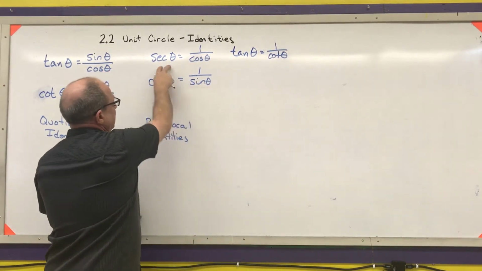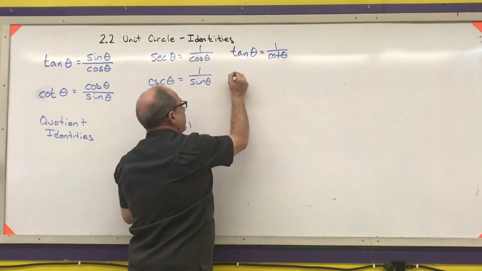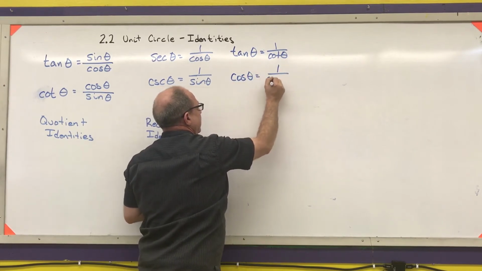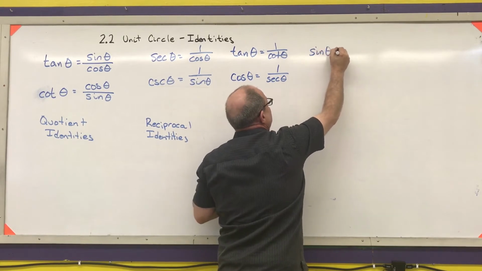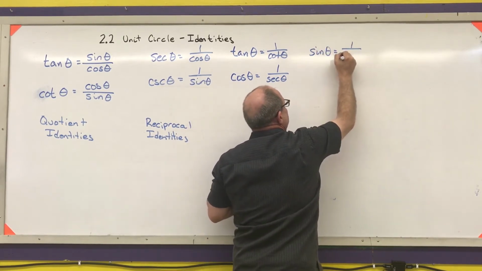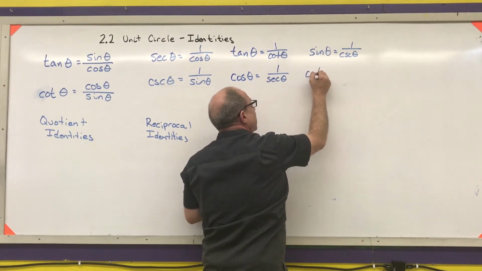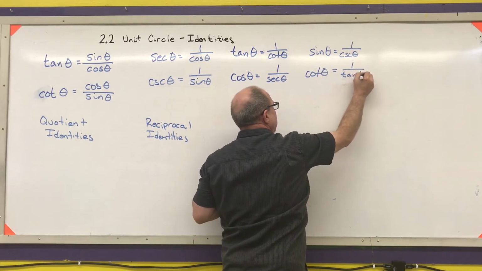And then these 3, I can swap the sides. The cosine of an angle is 1 over the secant of the angle. The sine of the angle is equal to 1 over the cosecant of the angle. And the cotangent of an angle is 1 over the tangent of the angle.